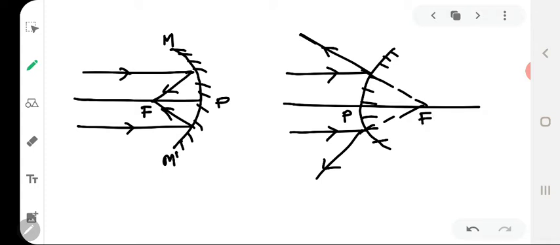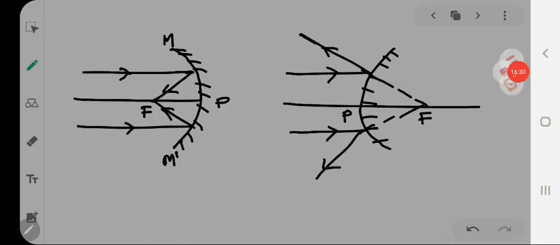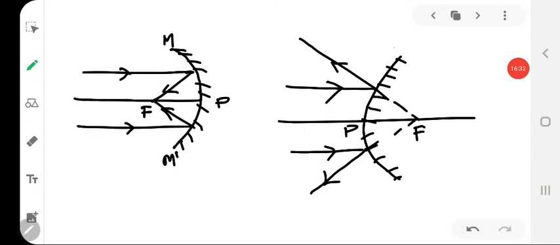That point is called the focus. So in this way, we can understand how the definition for focus, or rather principal focus, is a bit different in case of a concave mirror and a convex mirror.